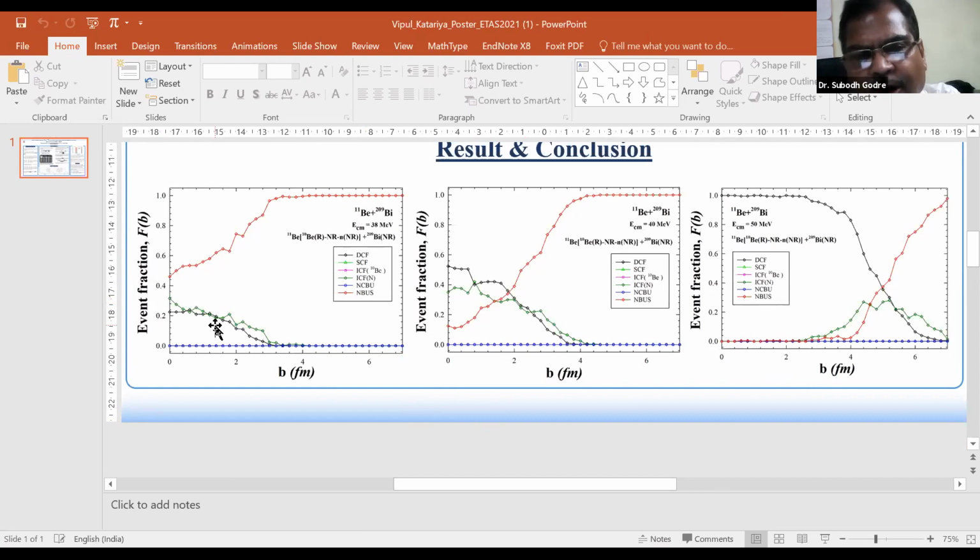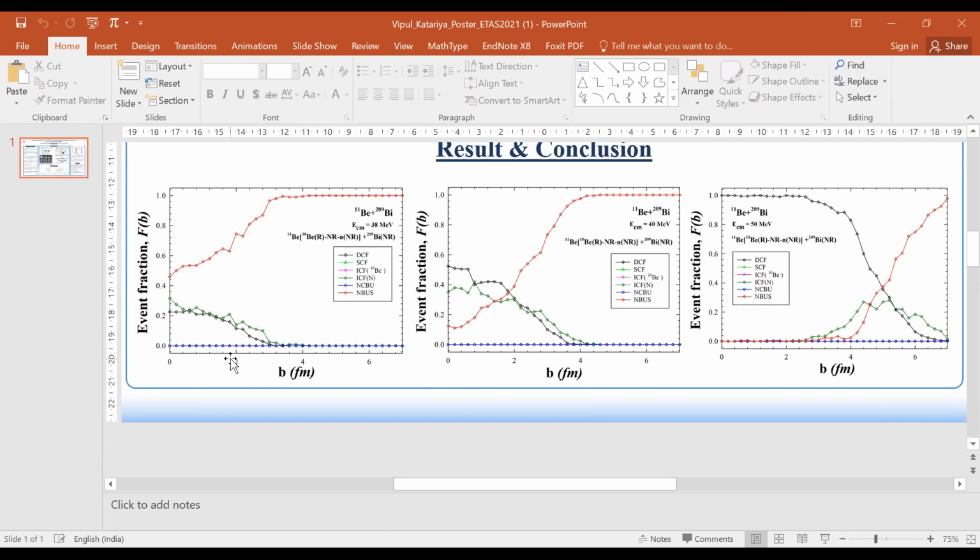Almost. It need not be, but there is no breakup. It might have transferred some energy. Then you have black. Black is the direct complete fusion, in which the complete projectile is getting fused. That's right. Okay. So that means if you go to the third figure, your black is fusion and red is elastic scattering.